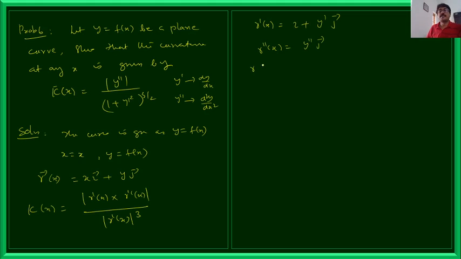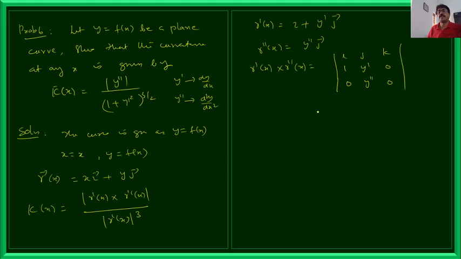Then r dash x cross r double dash x is equal to the determinant with rows i j k; r dash x: the coefficient of i is 1, coefficient of j is y dash, and the coefficient of k is 0; and r double dash: there is 0 here, this is y double dash, and this is also 0.